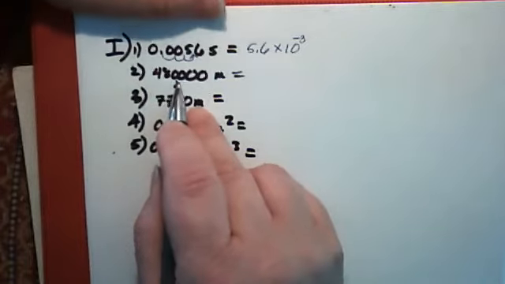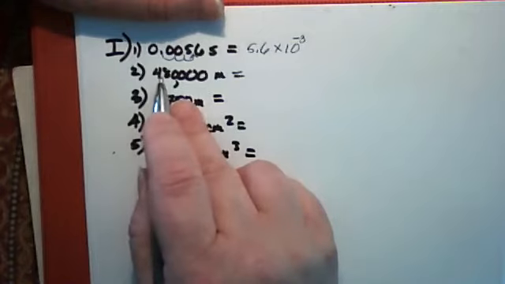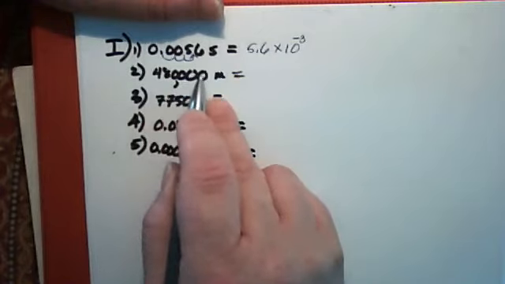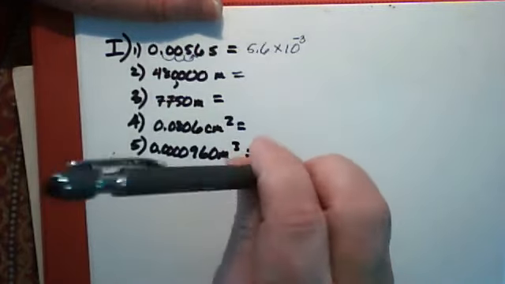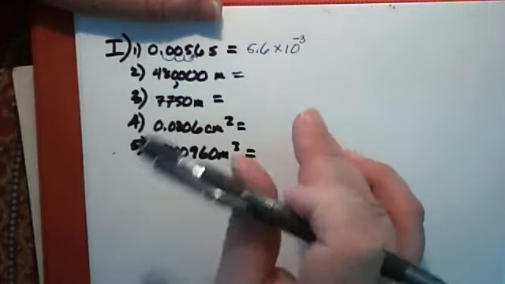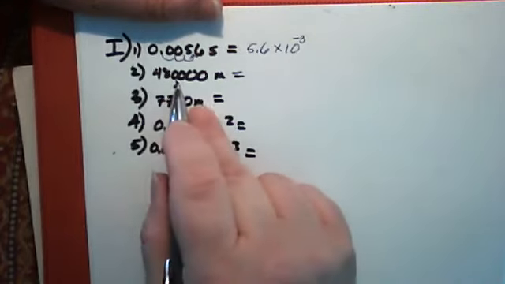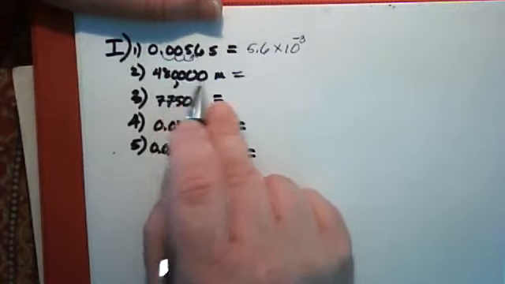What I usually do when I'm typing a number like this is I'll leave a space. So I'll often go 480 space 000. That's actually the way they tend to do it in Europe, rather than using commas. In fact, in Europe, they use commas as decimal points, which is really confusing. But yeah, they tend to leave a space instead of a comma. So that's what I tend to do when I'm typing.